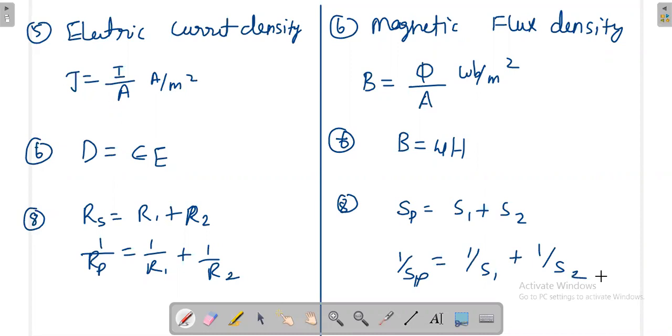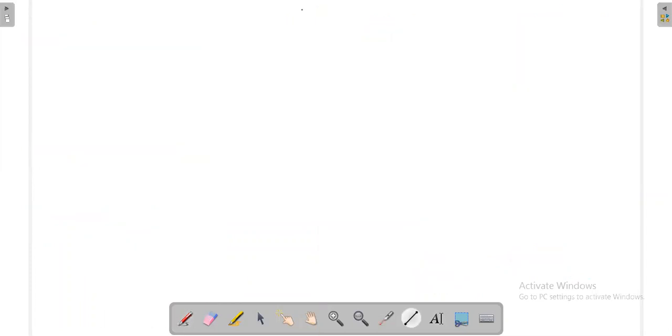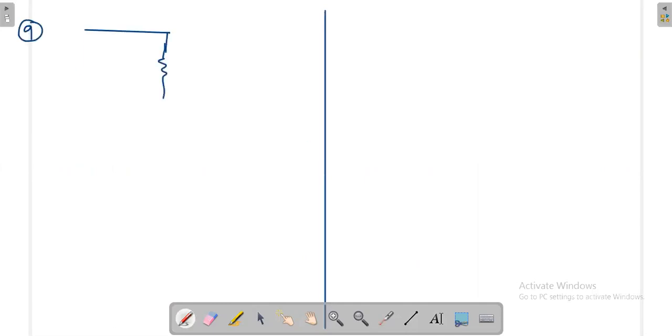And what is the circuit model for an electric circuit? The circuit model here is some resistance. If you apply the voltage, some current will flow. This is the circuit model, and the conductor here is made of copper or aluminum or silver.